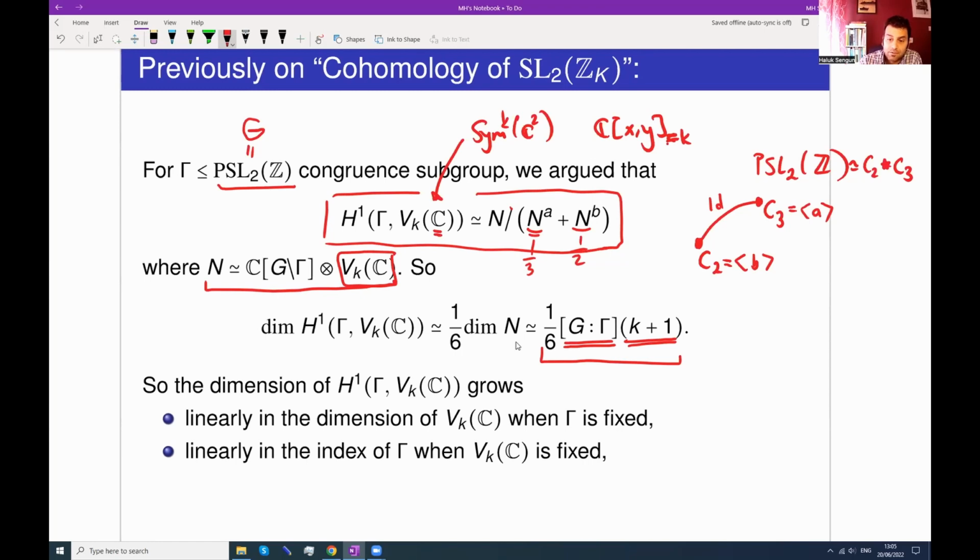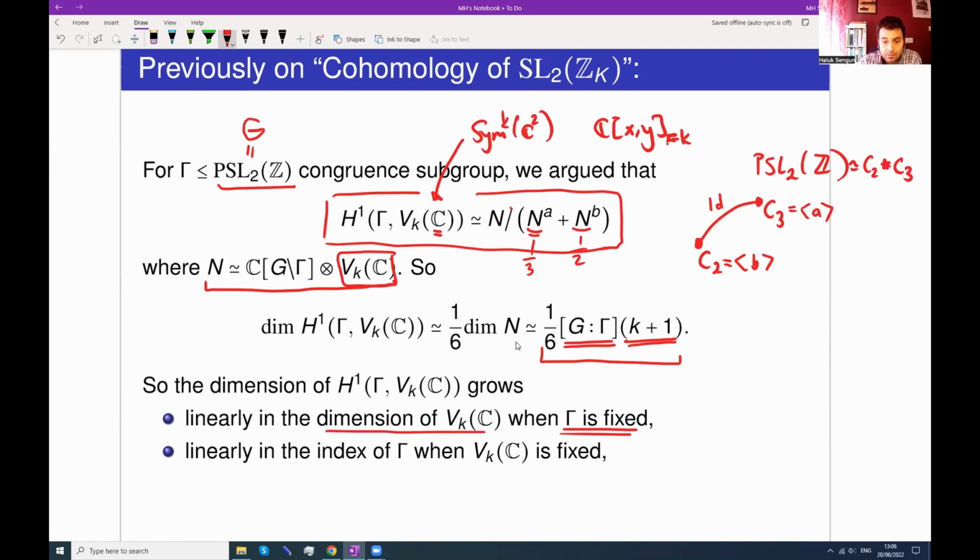As you can see, I'll make two observations. If you fix your lattice gamma or your level group and vary the weight, increase the weight, you'll see that the dimension grows linearly in the dimension of the weight module.